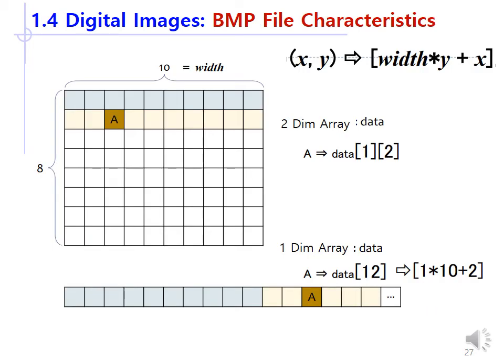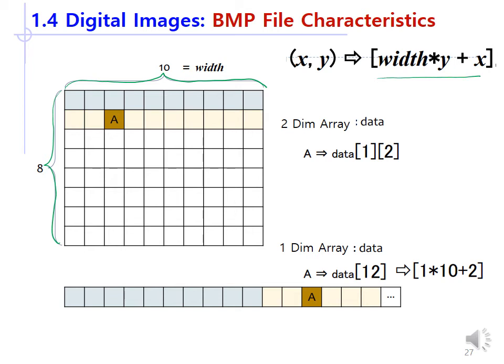If we have a two-dimensional BMP file here, there are 10 bytes in width and 8 bytes in row. So we can express this image using a two-dimensional array, but sometimes we turn it into a one-dimensional array.